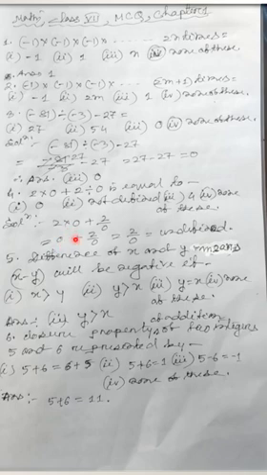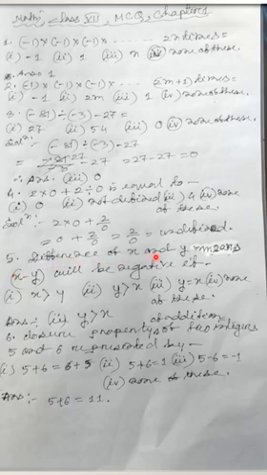Ultimately we will get 2 by 0. 2 by 0 is undefined. If the denominator of a fraction is 0, then it will be undefined. It means the denominator of a fraction cannot be 0. If you write 0, then it will be undefined. You cannot define it.